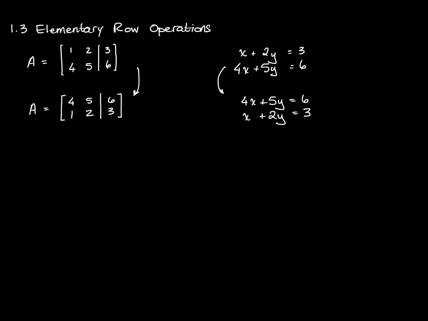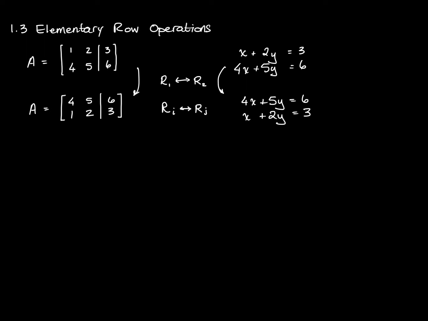Matrices are just a record of the coefficients in a series of equations, a pair in this case, but any system of equations is just a list of equations, and you can write those equations down in any order. Of course, we have some annotation here. What I'm going to say I did is I took row 1 and I interchanged it with row 2. In general, I will say that I took the ith and jth rows and I interchanged them.